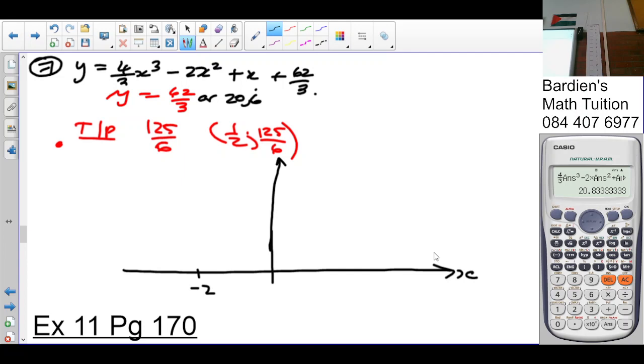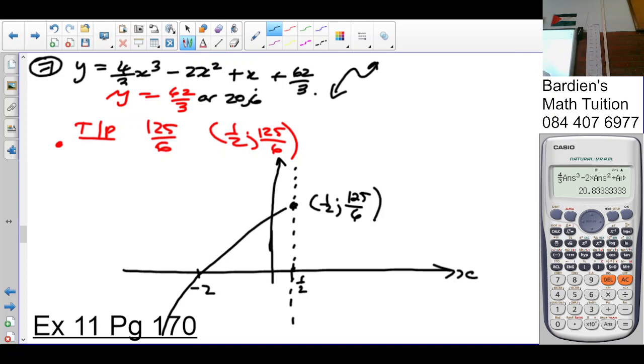So at the half, now I always tend to write a dotted line for the turning point normally. So that is a half, and on the half it's turning at 125 over 6. Not so? The graph is going up then down. So it's starting from the minimum. The graph is going to go and it's going to turn here.